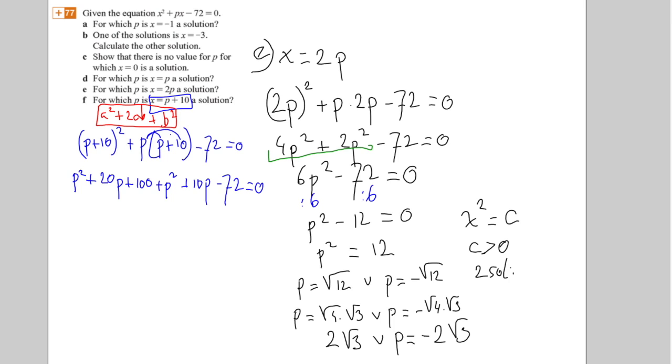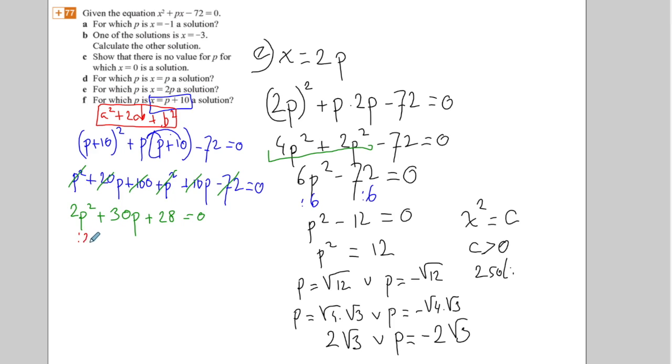Now, don't forget, you can always simplify. p squared plus p squared, I get 2p squared. 20p plus 10p is 30p, and plus 100 minus 72 is plus 28 equals 0. Let's divide everything by 2 because I never learned to do this with a 2p squared.